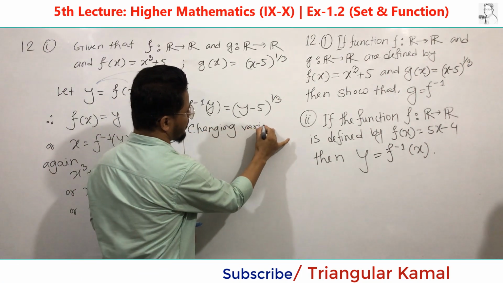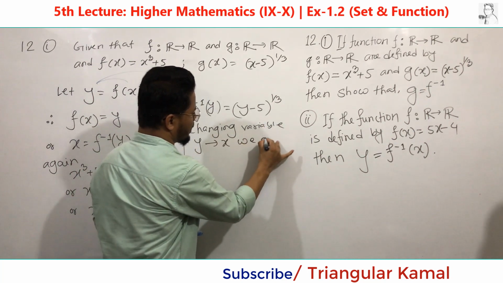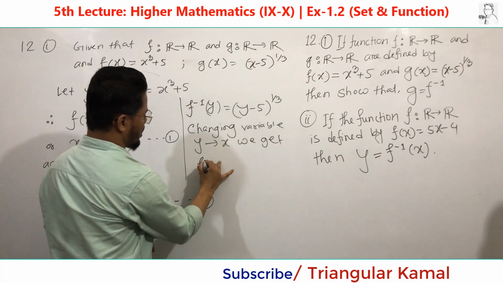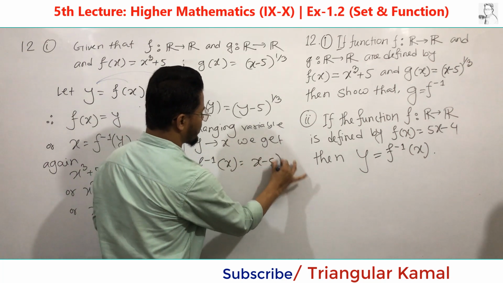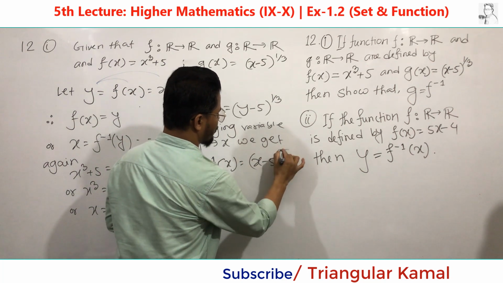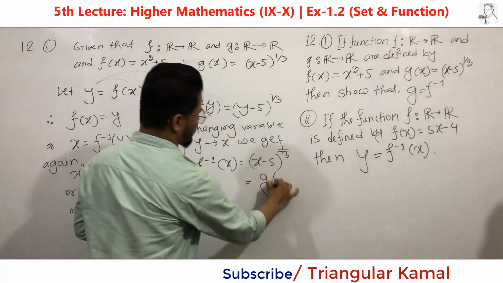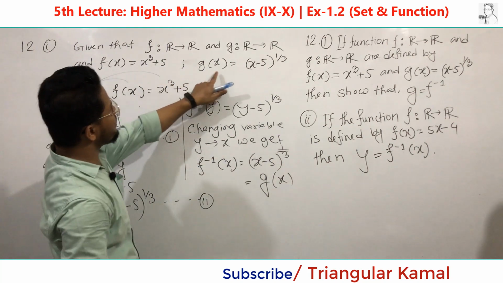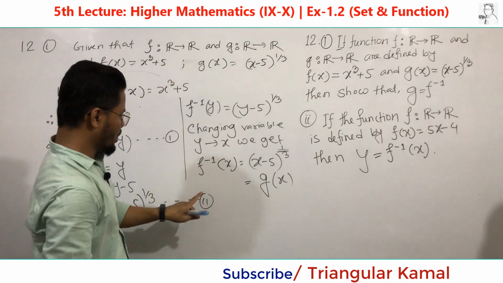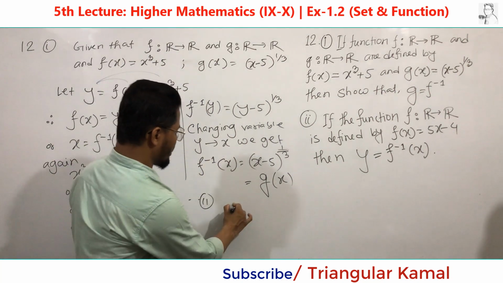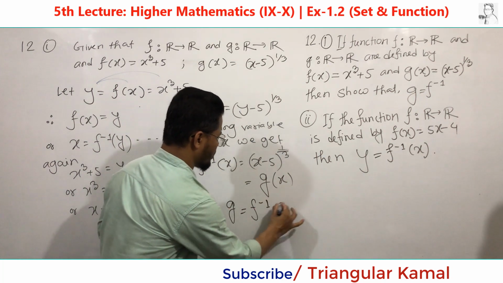Changing variable y to x, we get f inverse x equal x minus 5 to the power 1/3, which indicates g of x. Given in the first equation, x minus 5 to the power 1/3 equals g of x. So in short, as per the question, g equal f inverse.